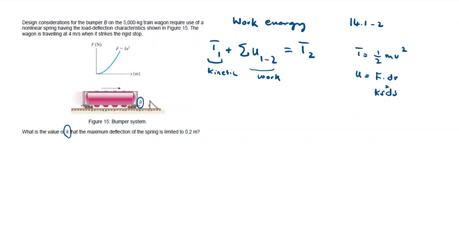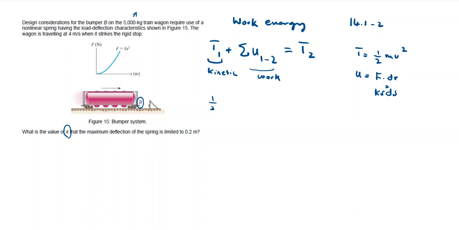To solve this question, the wagon has the initial kinetic energy, where m is 5,000. Let me just write down the formula.